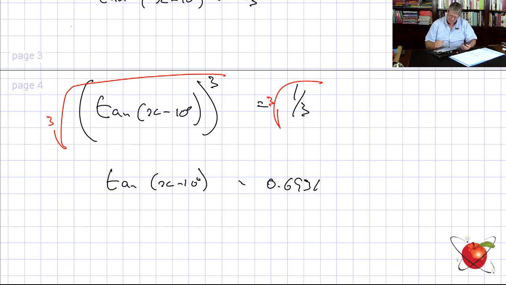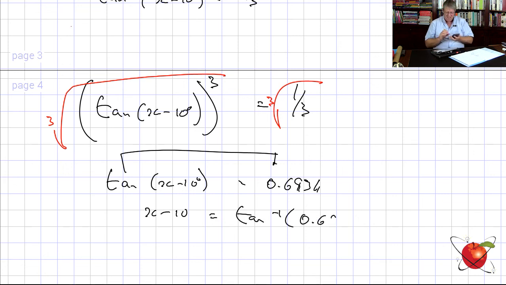Okay, right. Therefore, next step is x minus 10, because this must go over. No, I can't divide. I know I keep saying it. Okay, 0.6934. And let's have a look at the shift tan. 0.6934 is 34.7 degrees. x minus 10.